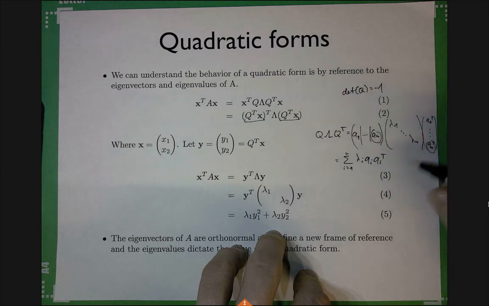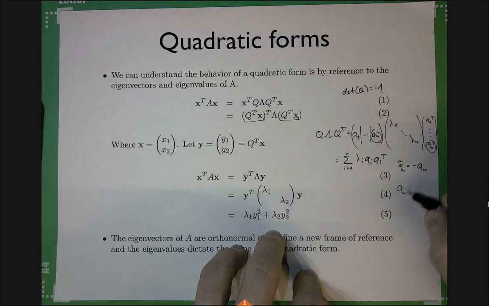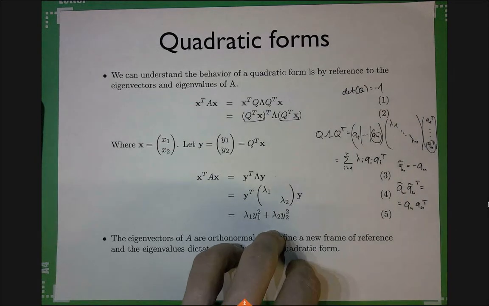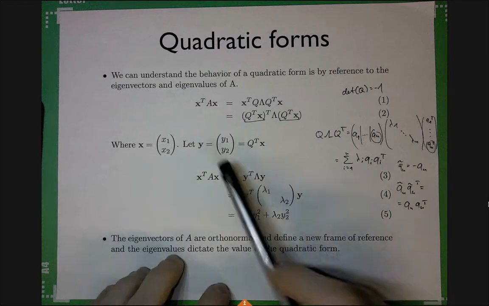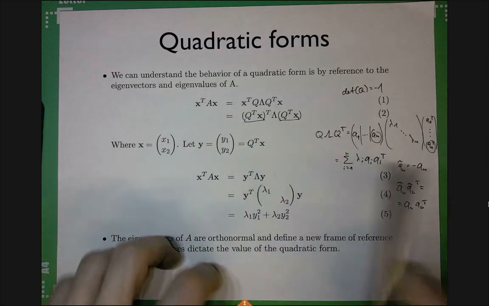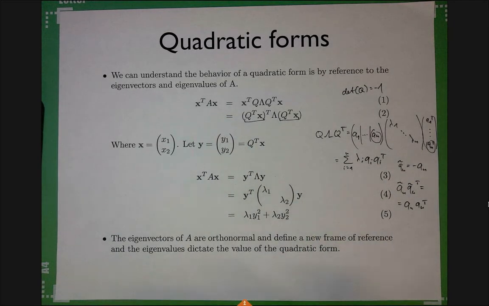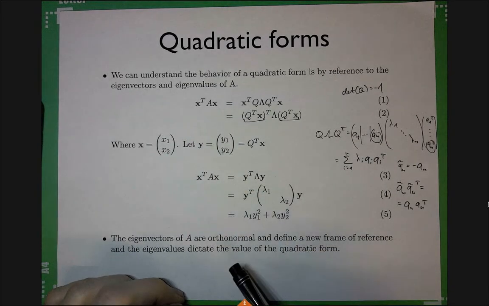If I take Qn tilde, which is minus Qn, then Qn tilde Qn tilde transpose will be the same thing as Qn Qn transpose, simply because the minuses cancel. So I can just flip the last column and make sure that Q is actually a rotation. So that means that this change of coordinates will always only be a rotation. I mean 2D rotation, obviously.